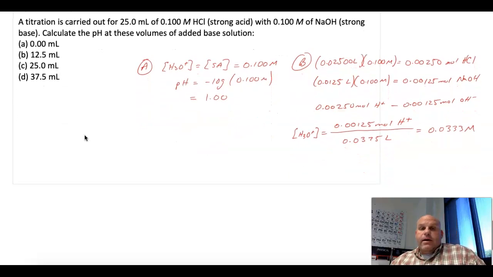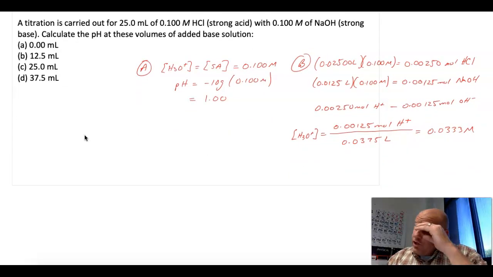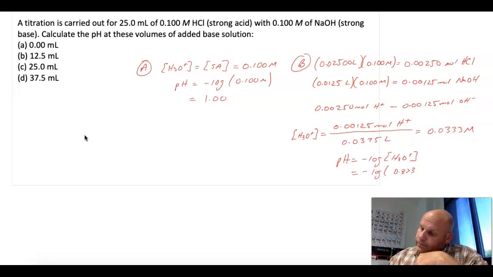Now that I have my concentration of H3O plus, I only have one thing left to do, the negative log of H3O plus, and I would get a pH value here of 1.48.